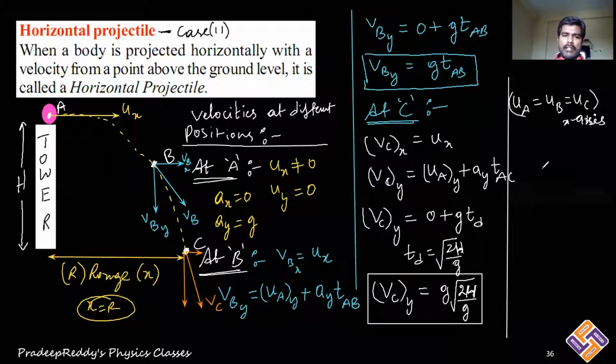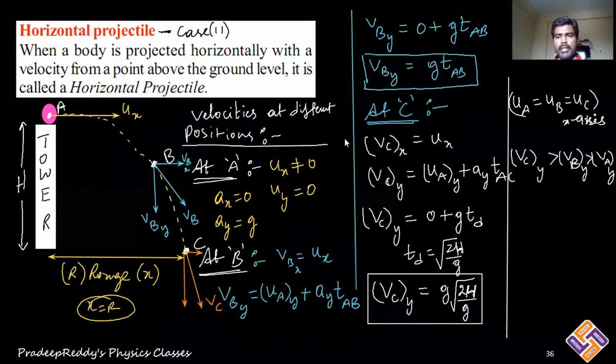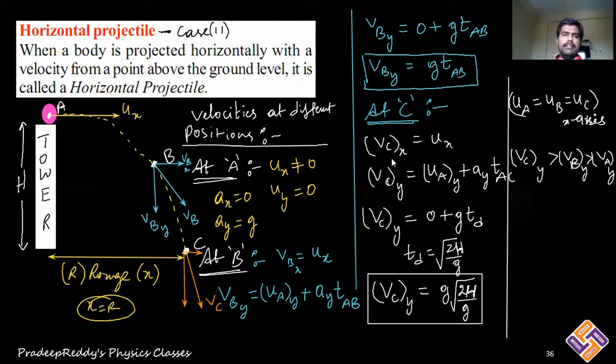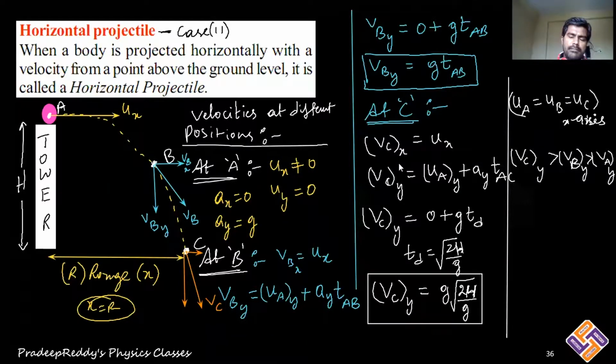Now coming to velocity along y direction, velocity at C along y direction is greater than velocity at B, which is greater than velocity at A along y direction. Is it not? When body is coming from top to bottom, what happens to its velocity? Definitely it increases. Therefore, vertically when the body is falling down, velocity increases. Horizontally, everywhere it remained constant.